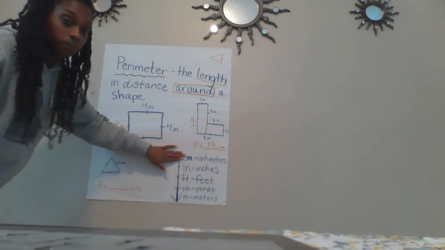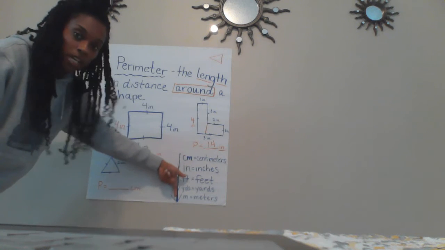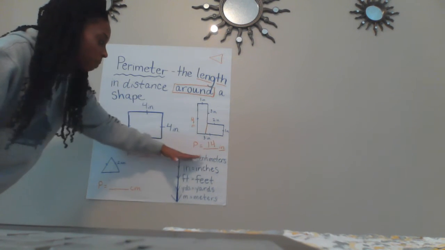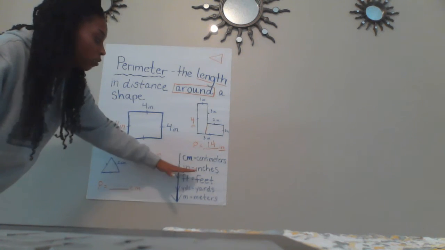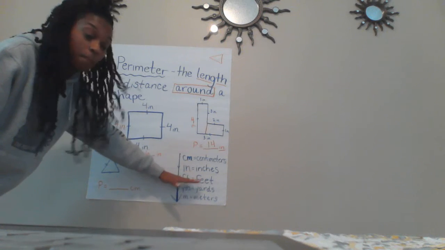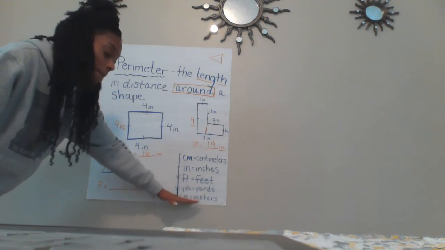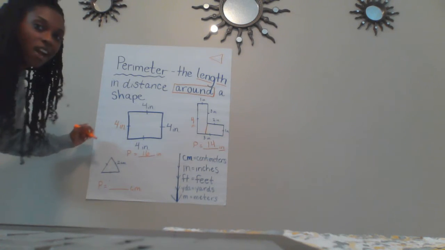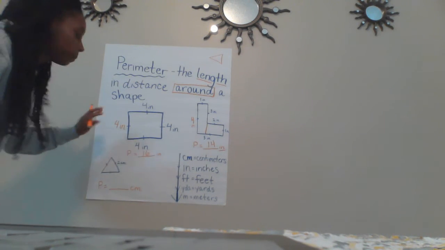I drew some arrows to show you how it gets bigger. So you have centimeters, the smallest that we're using. Then you have inches, then you have feet, and then remember, feet make up yards, and then yards make up meters. I tried to draw the triangle tiny to go with the centimeters, but you know.